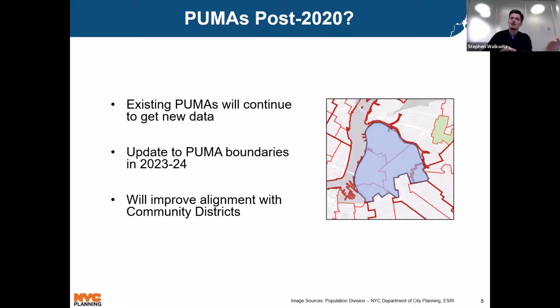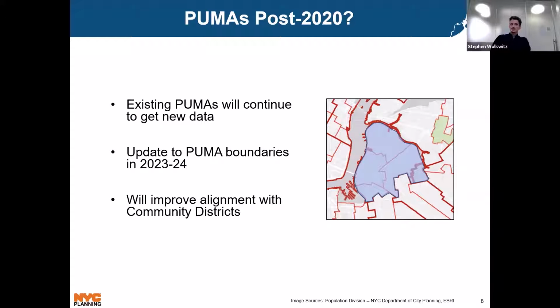It's looking like it may actually be closer to 2022 or late 2022. Not totally sure when those PUMA boundaries will actually be released yet. But when the PUMA boundaries are updated, we expect that because of changes in the population and some changes to census tracts, they will improve their alignment with community districts.